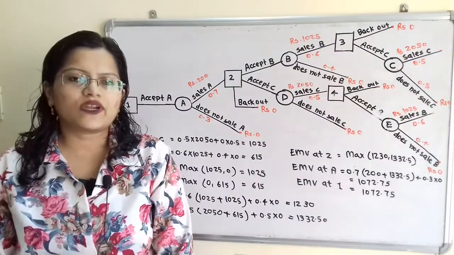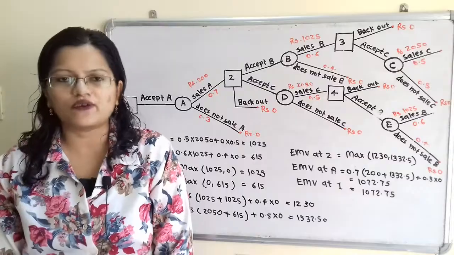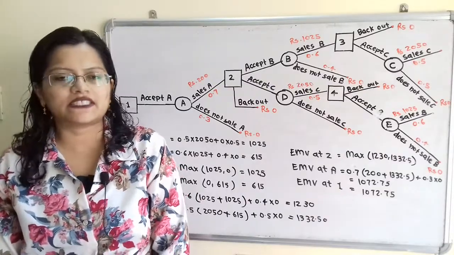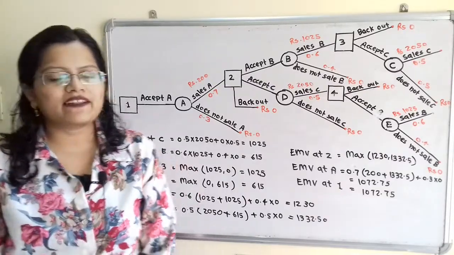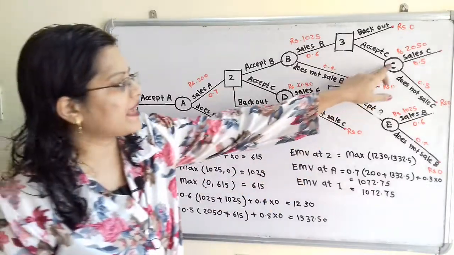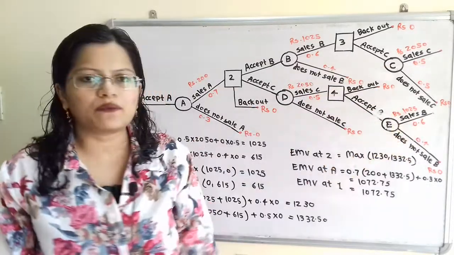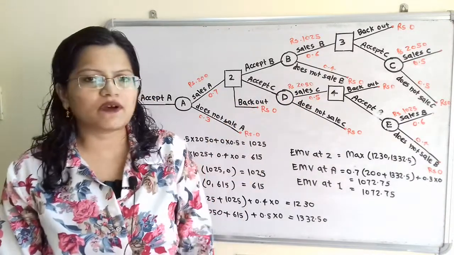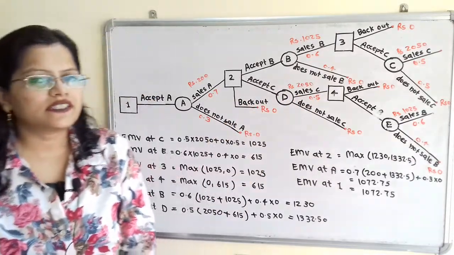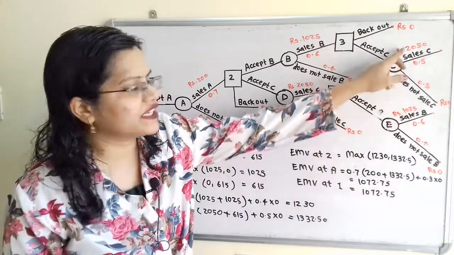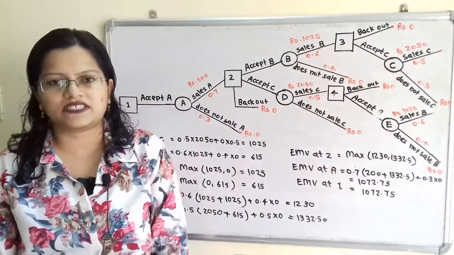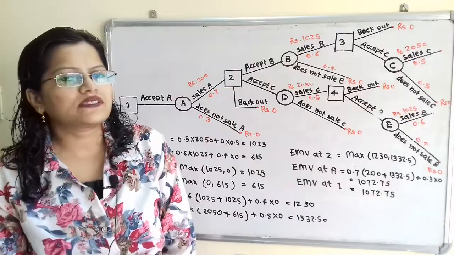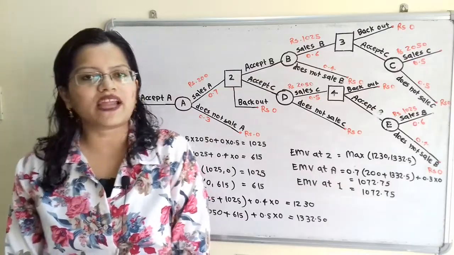Now we will calculate the expected monetary value at the event node as well as the decision node. Remember, at the event node we make the calculation with probability and profit, and at the decision node we select the maximum value, because the profit is mentioned here, so we have to select the maximum profit. This calculation should start from the right hand side.